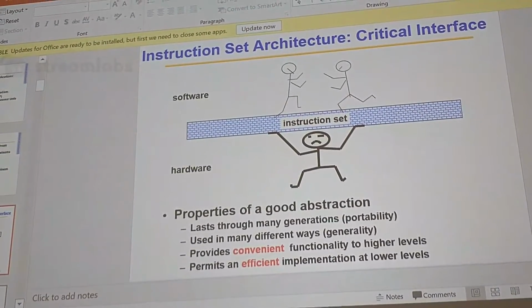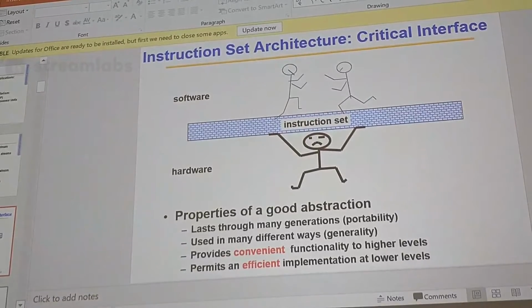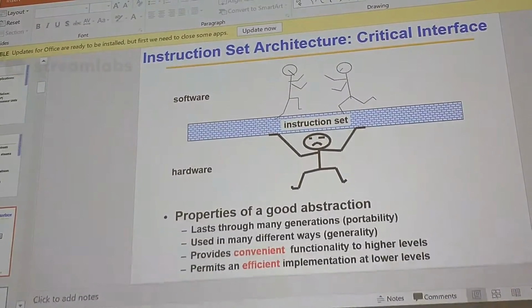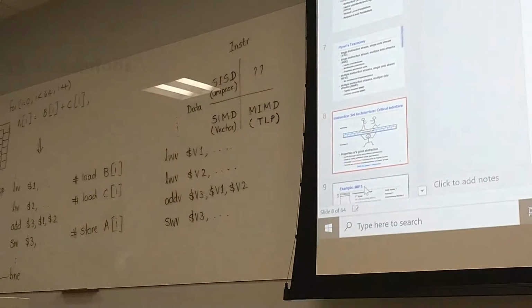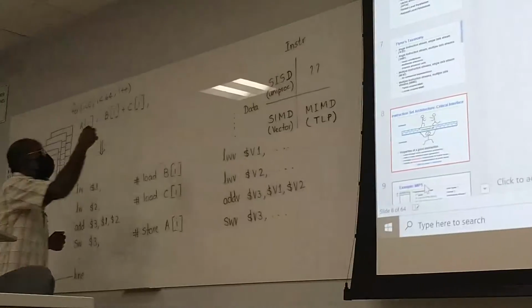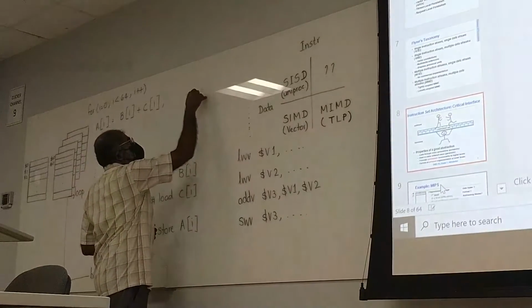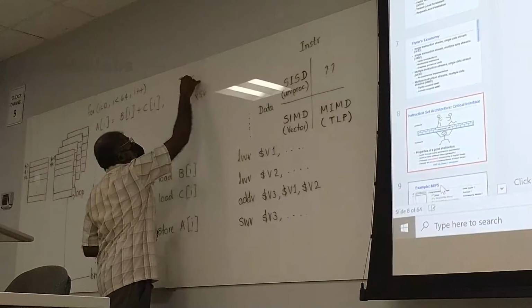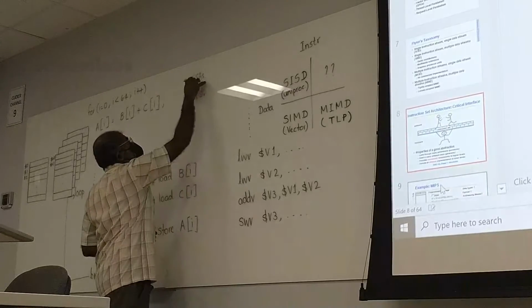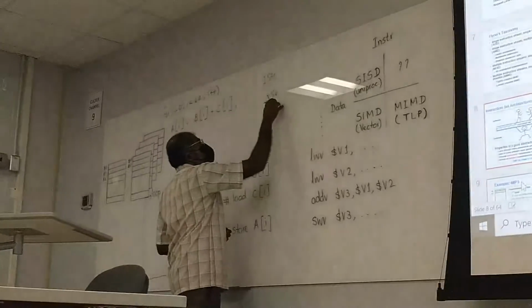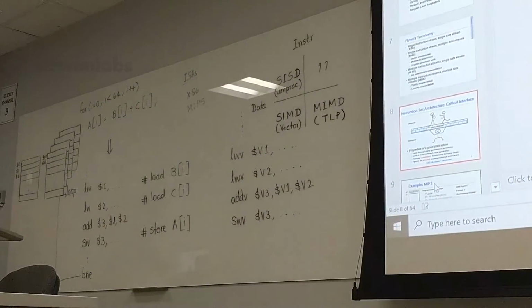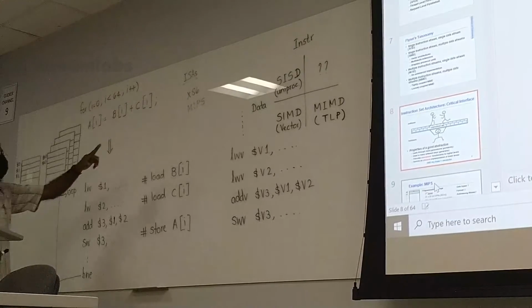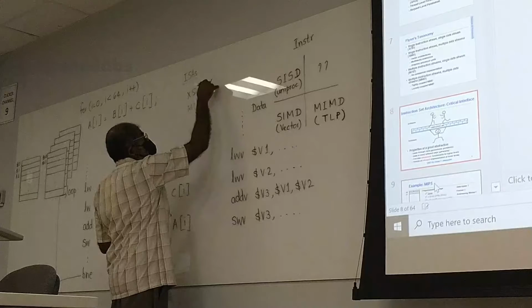In terms of longevity, probably the one that has been around the longest was x86, or nowadays called IA32.